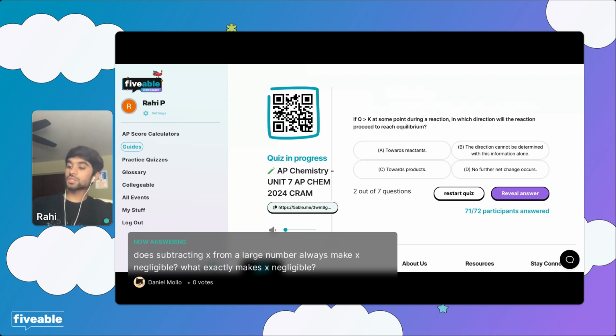It's a judgment call in the end, but generally, when you have a large enough number, it will make x negligible, so you can just ignore that. The reason is that AP doesn't typically expect you to do the quadratic equation to solve for x. So if you are in the position where you think you'd be required to do that, chances are you can ignore x. Make sense?